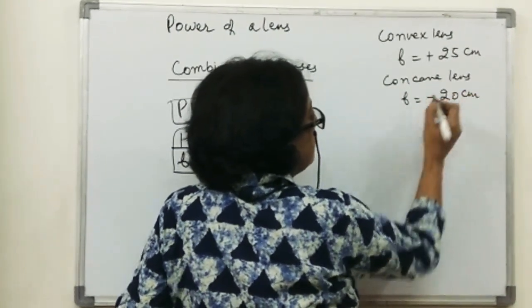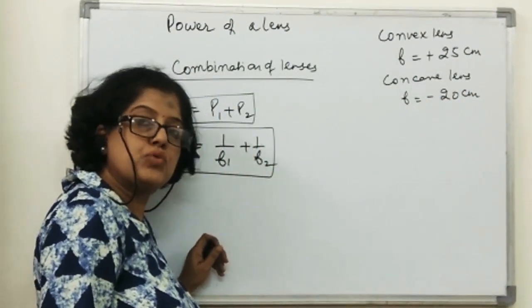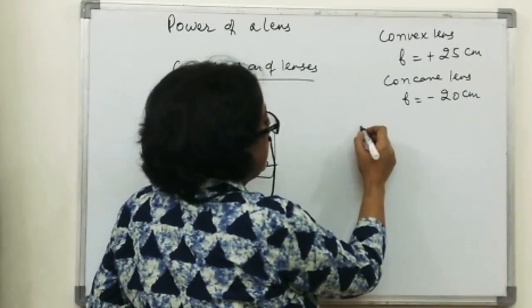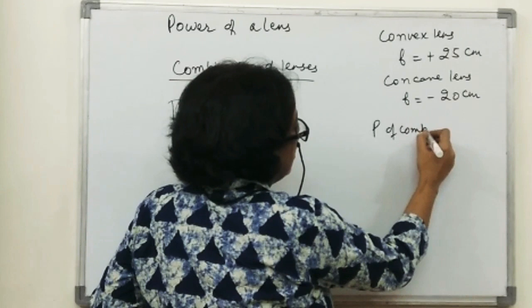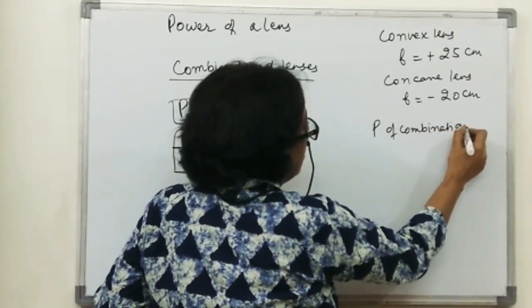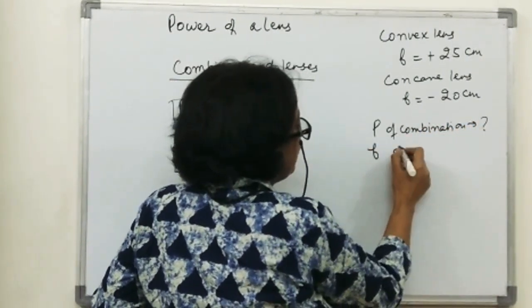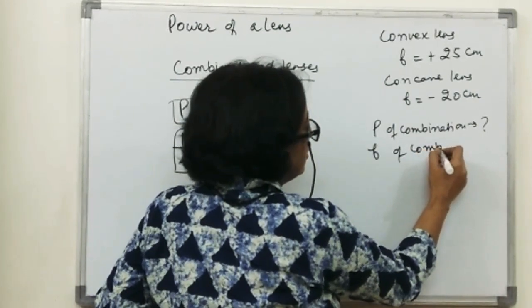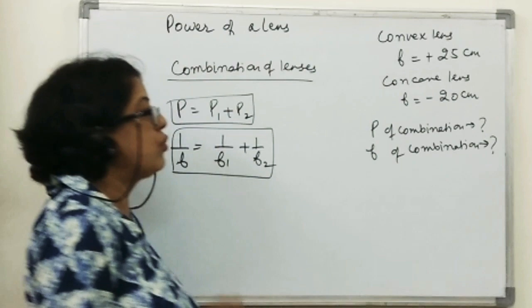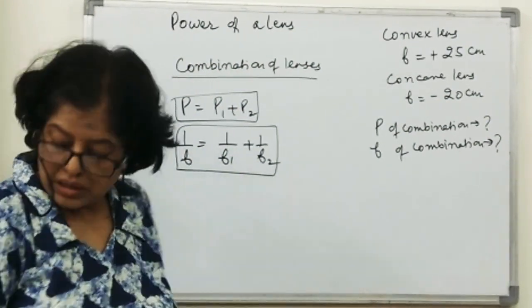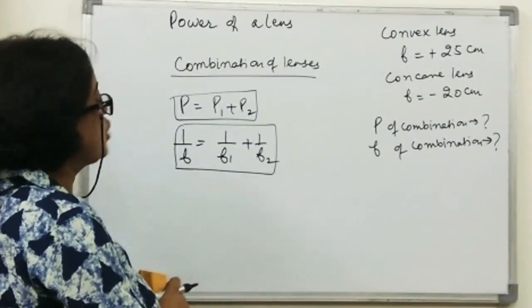That means it is a concave lens, so focal length is minus 20 centimeter. We have to tell what will be the power of the combination and what will be the focal length of the combination. If the two lenses are combined, what will be the power and the focal length of the combination? That is the question. Now this can be solved in two ways.